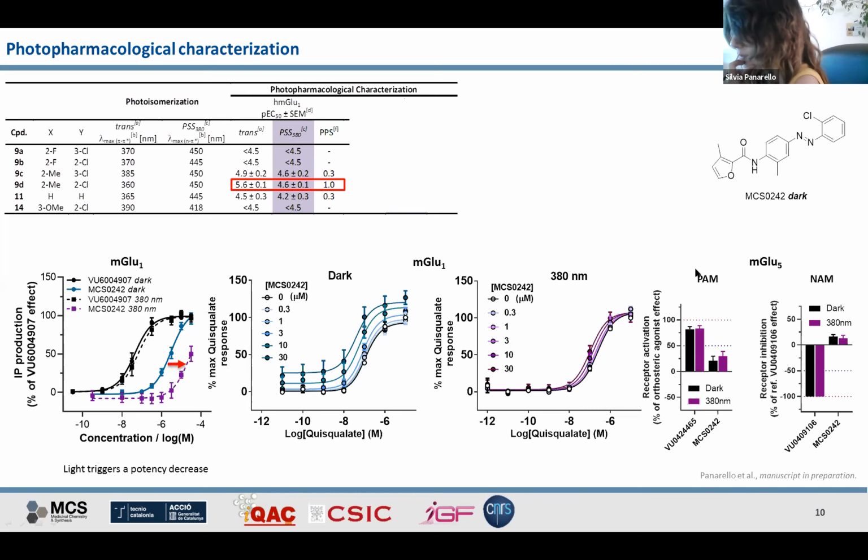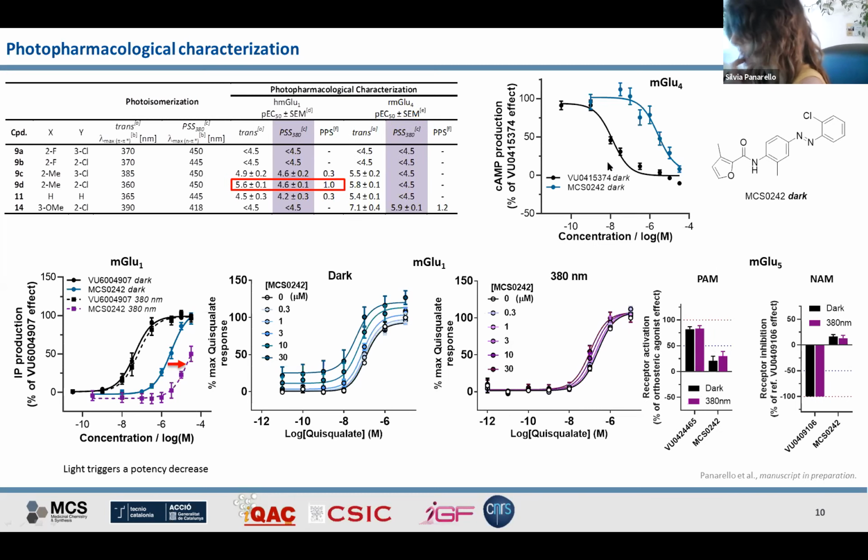So as mentioned before, these compounds were also tested in the mGlu4 subtype, and in particular, the most potent mGlu1 PAM turned out to be an equipotent mGlu4 PAM. It's here. So it displayed, however, a remarkable photo-induced potency shift in both receptors.